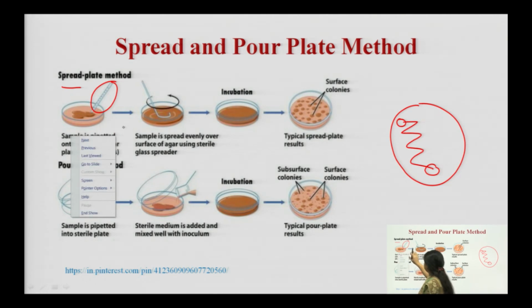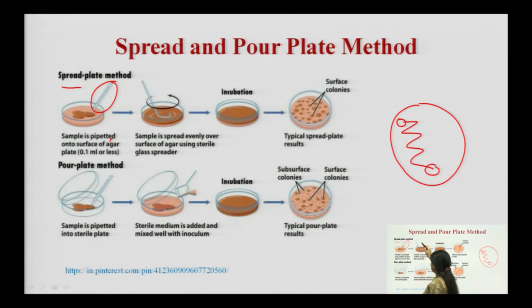We will try to spread it with the help of an L-shaped glass rod, with swirling done to spread this drop. Ultimately, we need to spread whatever mixed culture we have added to the sterile Petri plate containing agar media, and we can spread it with the help of the L-shaped glass rod.